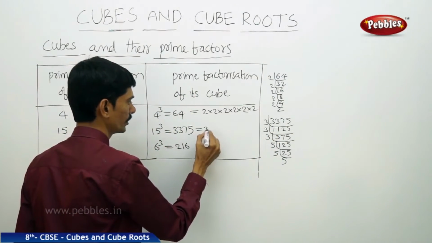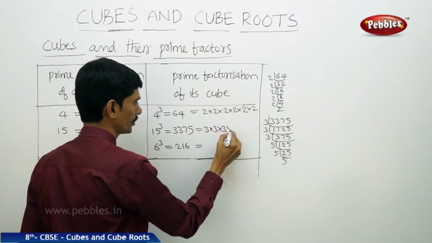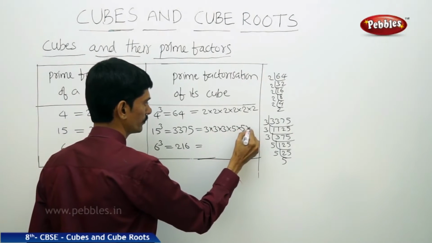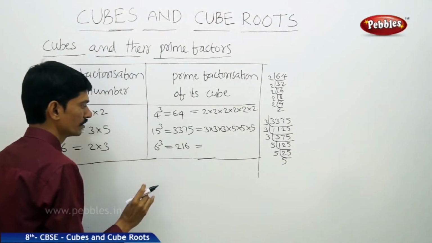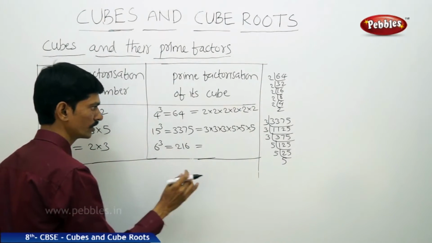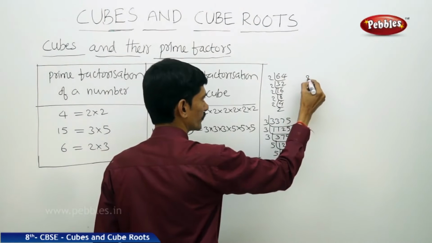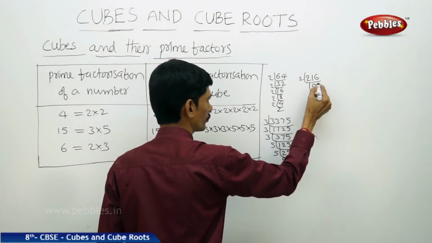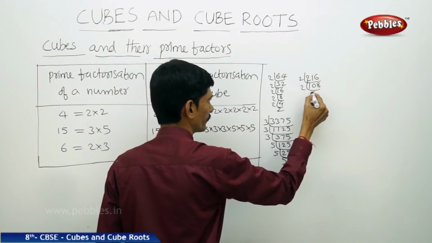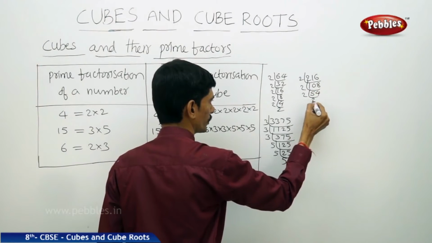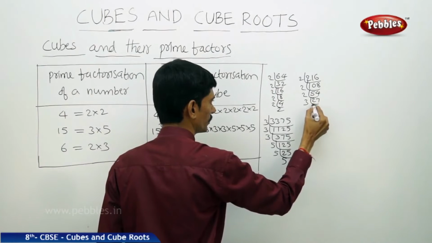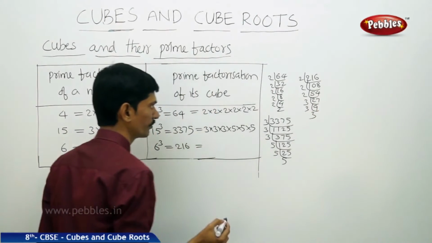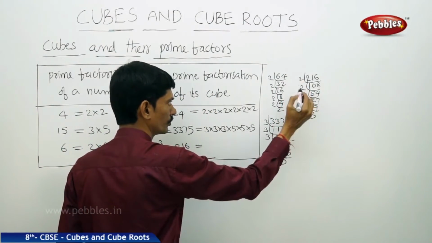So we can write 3 into 3 into 3 into 5 into 5 into 5. Next, the prime factorization of 216. If you factorize 216, we can observe that there are 3 2s and 3 3s.